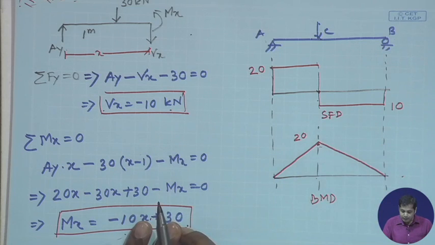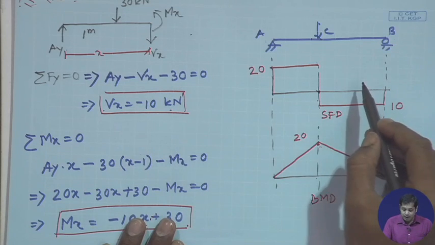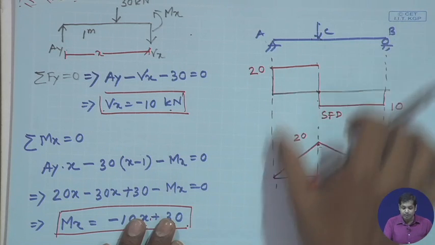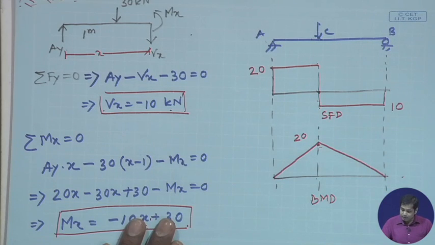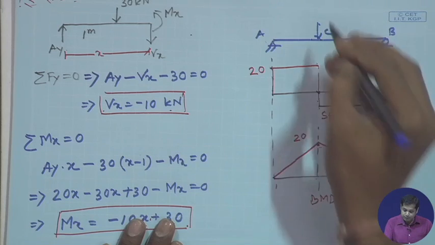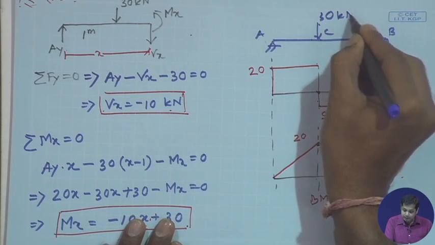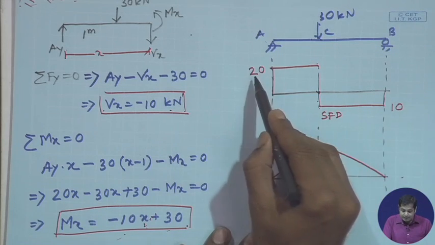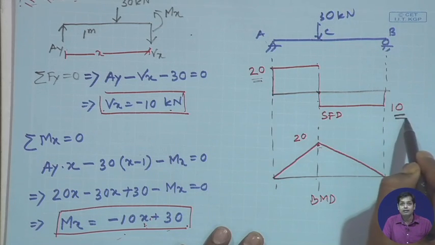One another point to be noted, as I said, is that it is good practice to draw the bending moment and shear force diagram just below the structure. What was the value of this force? It was 30 kilonewton, which is downward. You see, this is 20 and this is 10, and 20 plus 10 is equal to 30 kilonewton.